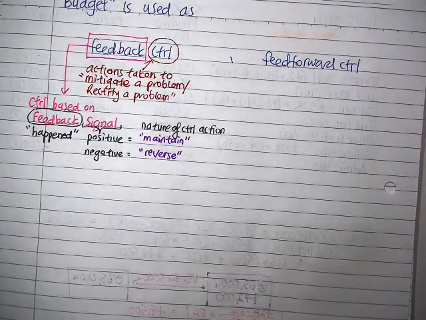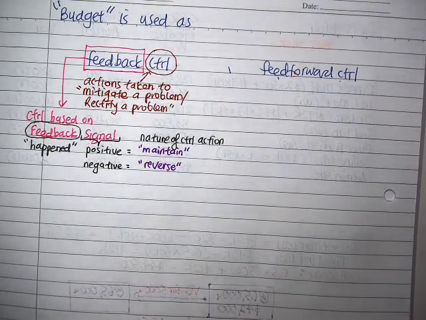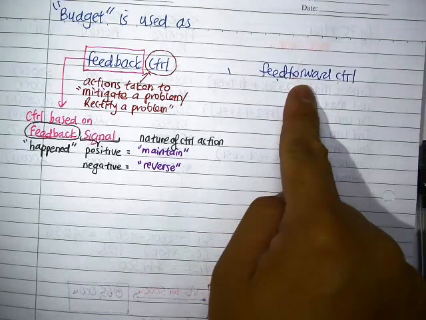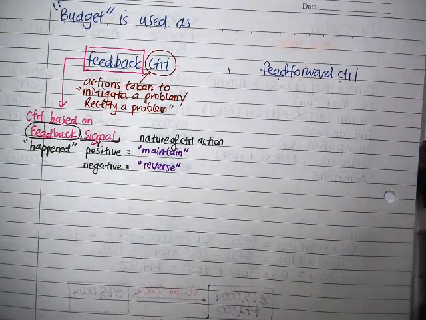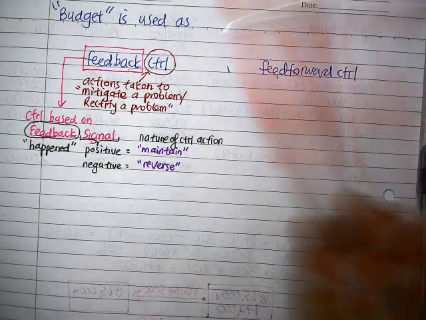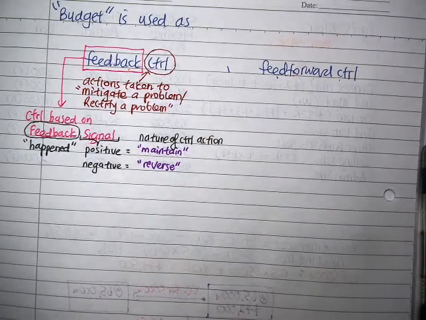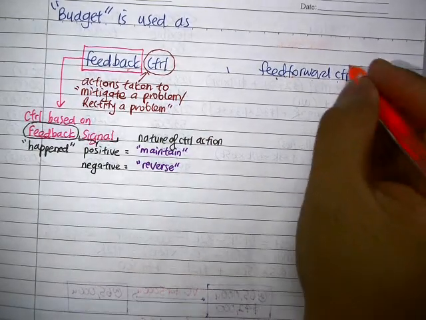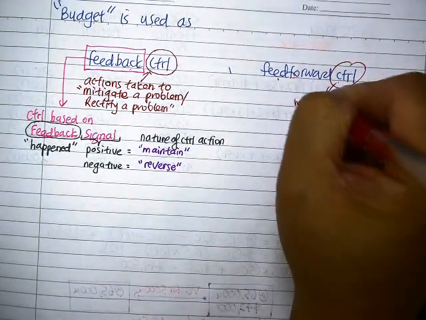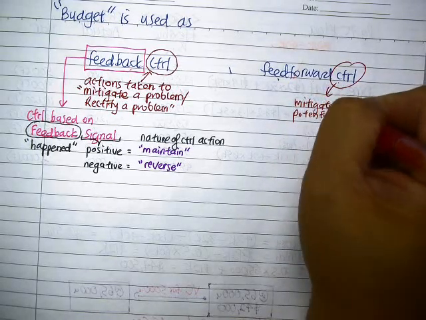Besides feedback control, there's also feed-forward control. One is back, one is forward. So what's the difference? One is in the front, one is at the back. So it's feedback, feed-forward. If one is in the front, that means we are referring to something in the future. That's called feed-forward. So this control is more to mitigate a potential problem.